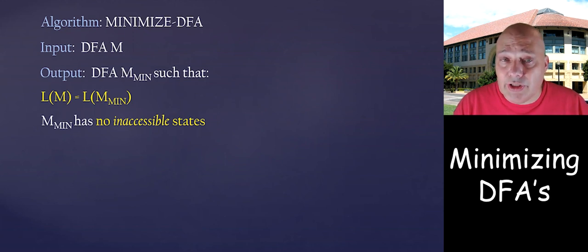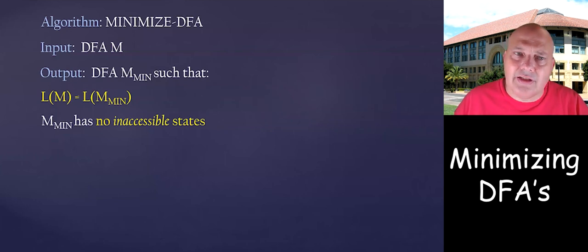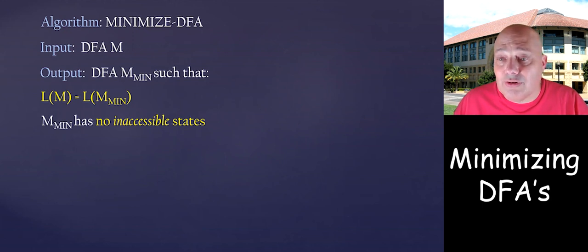If you cannot reach a state from the start state, then there is no point. Removing it doesn't make any difference. So definitely the output of this algorithm, minimizDFA, cannot have inaccessible states, otherwise it's definitely not a minimal DFA.